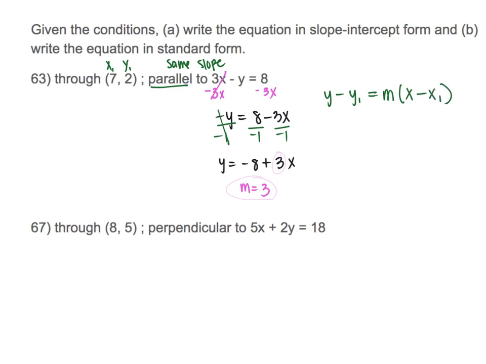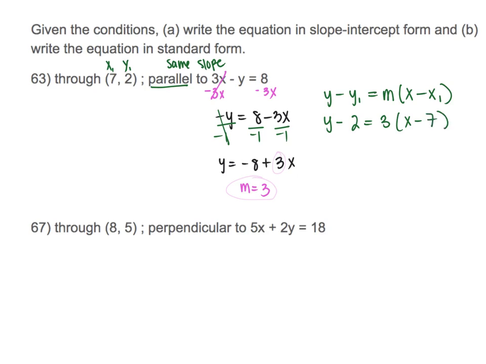So this equation here will be great for finding the equation of the line that passes through this point and has this slope. So I'm going to plug in my slope, plug in my point that I want it to pass through. So this will be y minus y1, which is 2, equals 3 times x minus x1, which is 7.